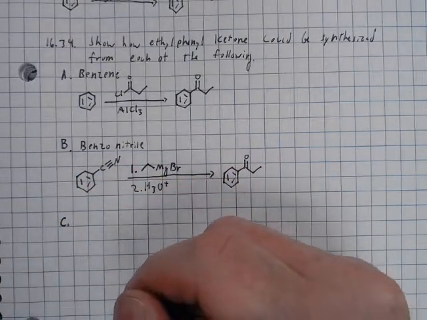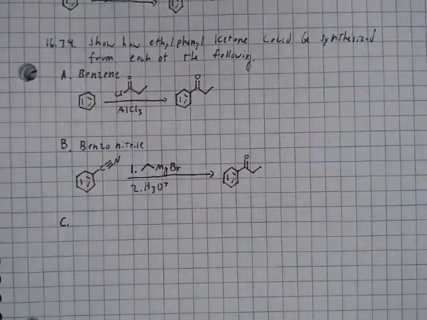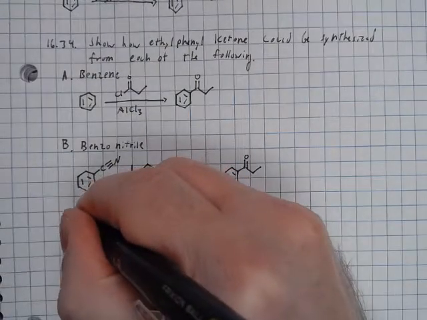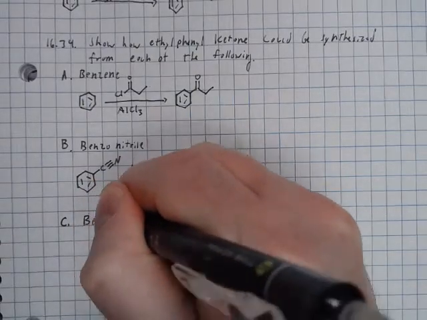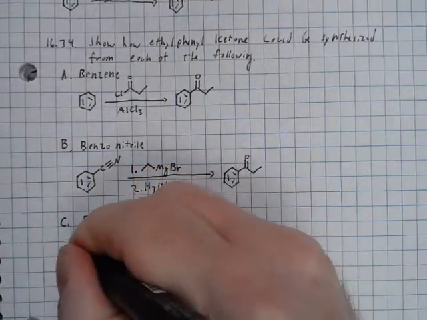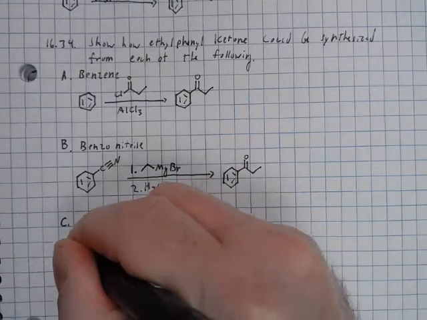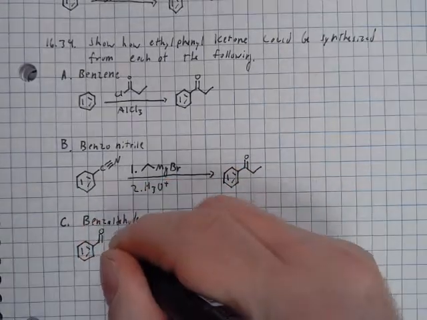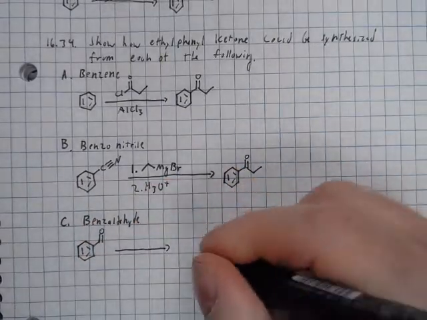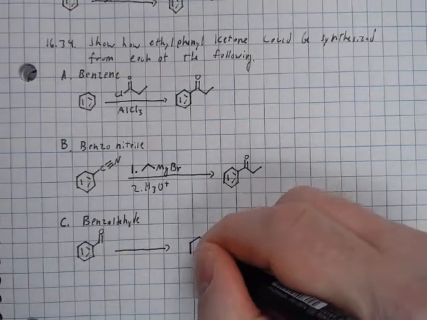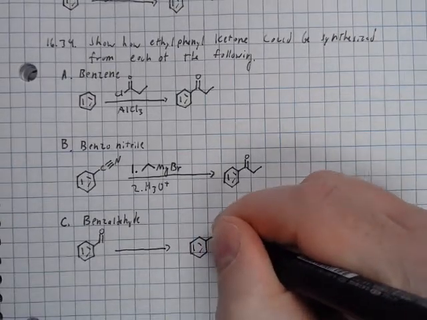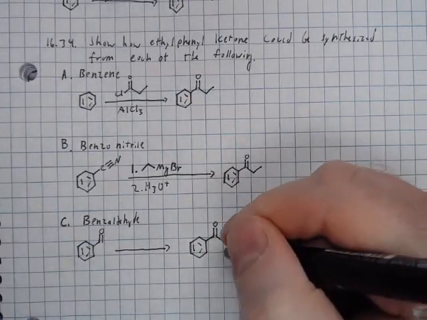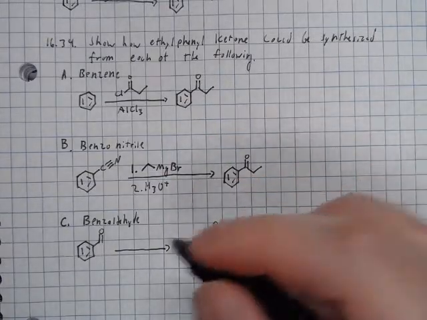So part C is benzaldehyde. And again, we can do this with Grignard reagents.